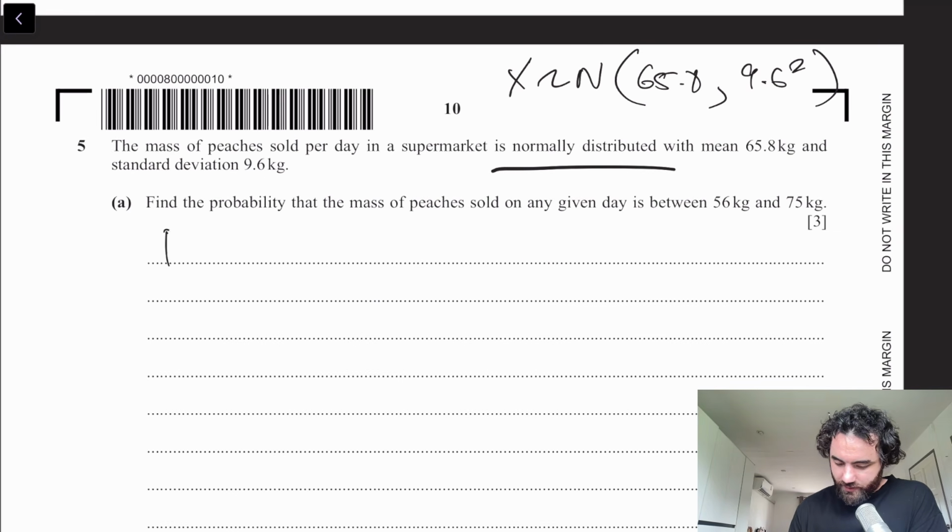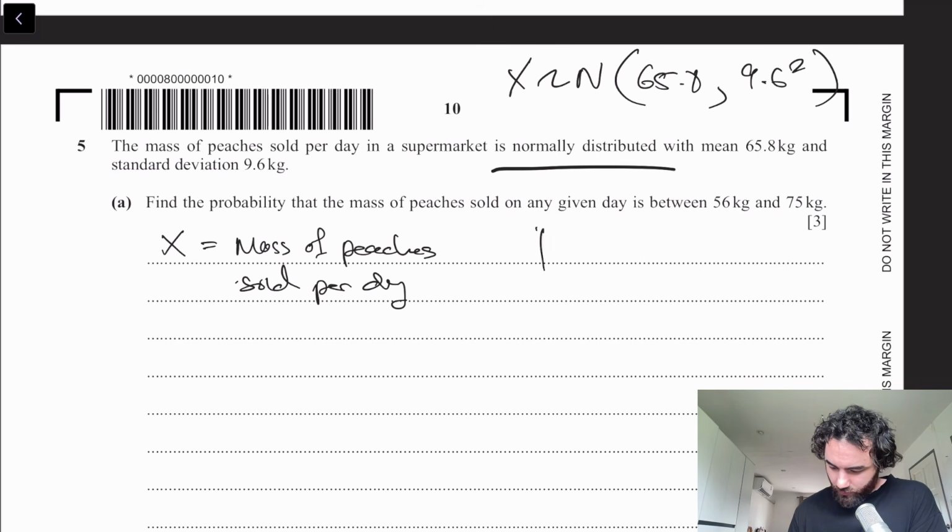So we want the probability that X, where X represents the mass of peaches sold per day, is between 56 and 75.